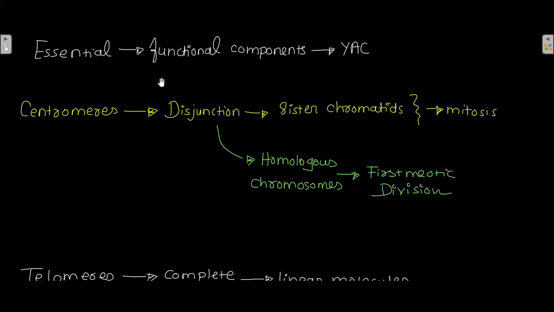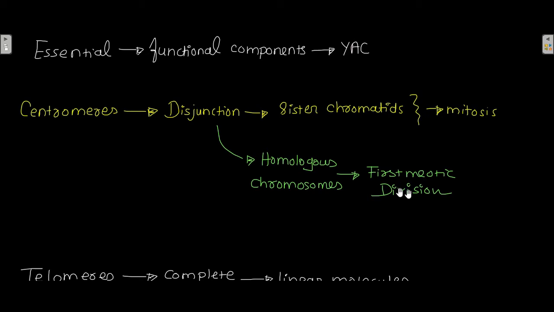We start with centromeres. Now, what are these centromeres? These centromeres are required for disjunction of two sister chromatids during mitosis and for the disjunction of homologous chromosomes during the first meiotic division.